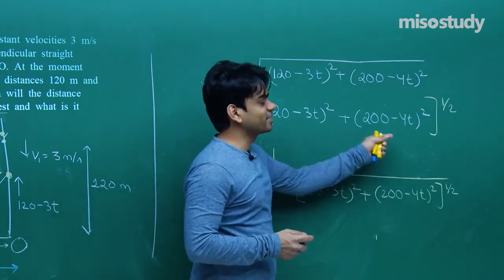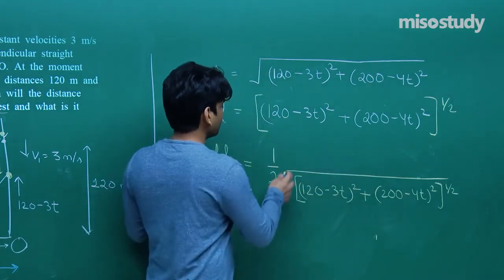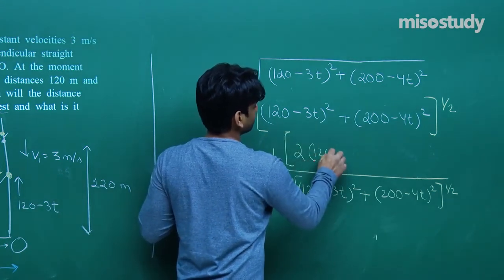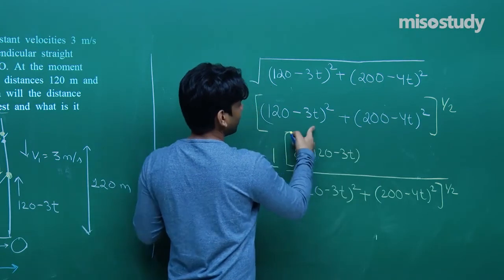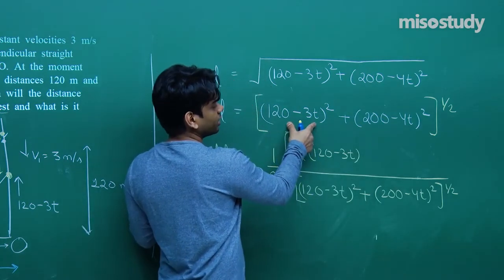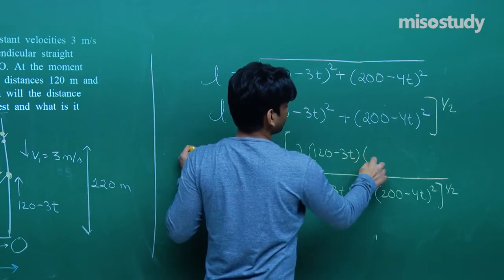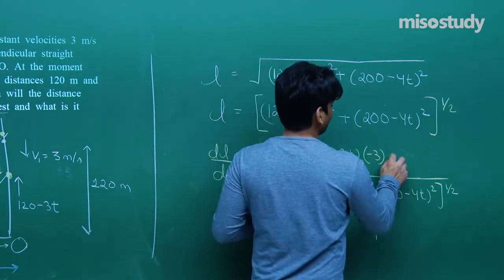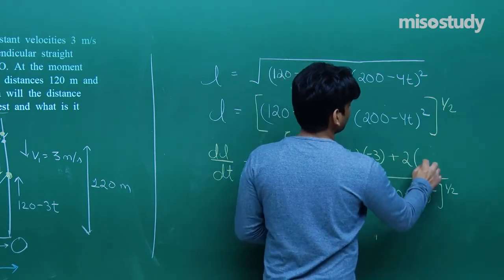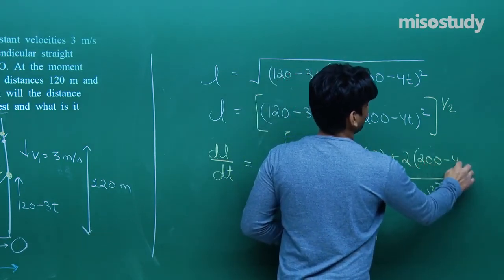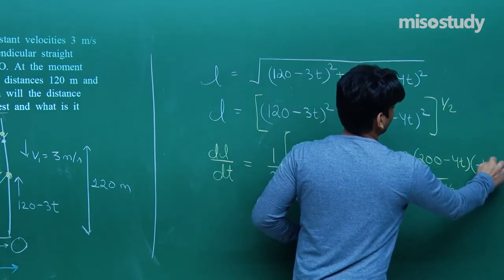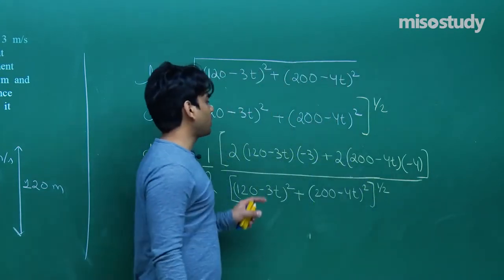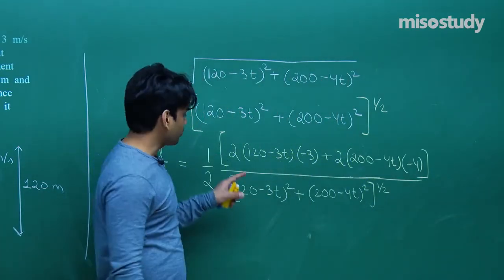Now we have to differentiate this term. This differentiation will come out to be 2 into (120 minus 3t) multiplied with the derivative of these two terms, 0 and minus 3. I hope that you all know how to differentiate all this, plus 2 into (200 minus 4t) in the similar way, times minus 4 here. So we got this as the differentiation part of this function.